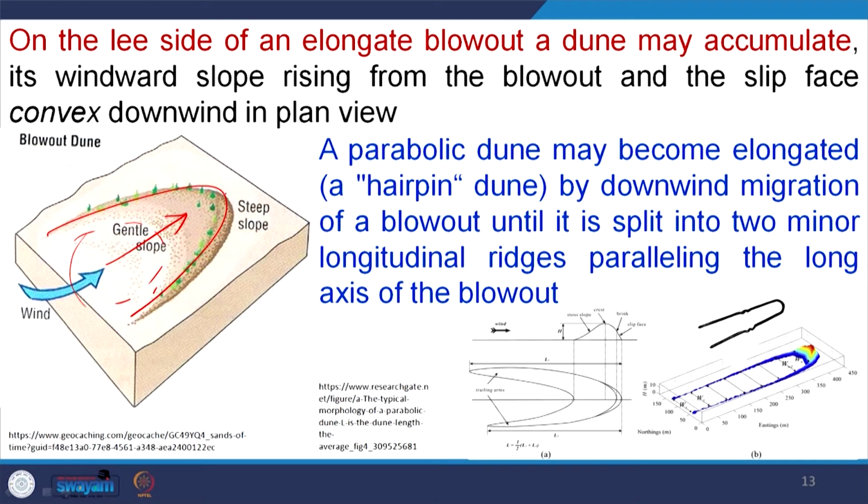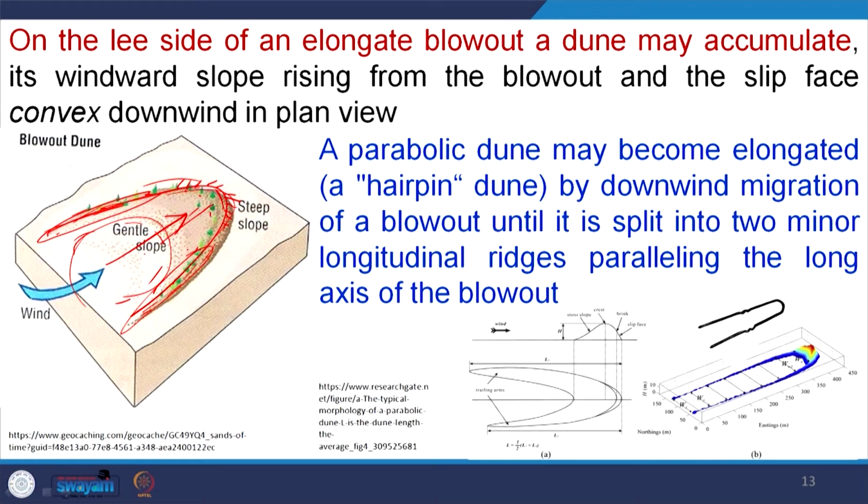Here this is the steep slope where the slip face occurs, and this side is the gentle slope. Due to the presence of vegetation, the blowout material is not able to move completely, and it is arranged according to the orientation of the vegetation. This is the elongated branch of this dune, and it is forming a parabolic shape.